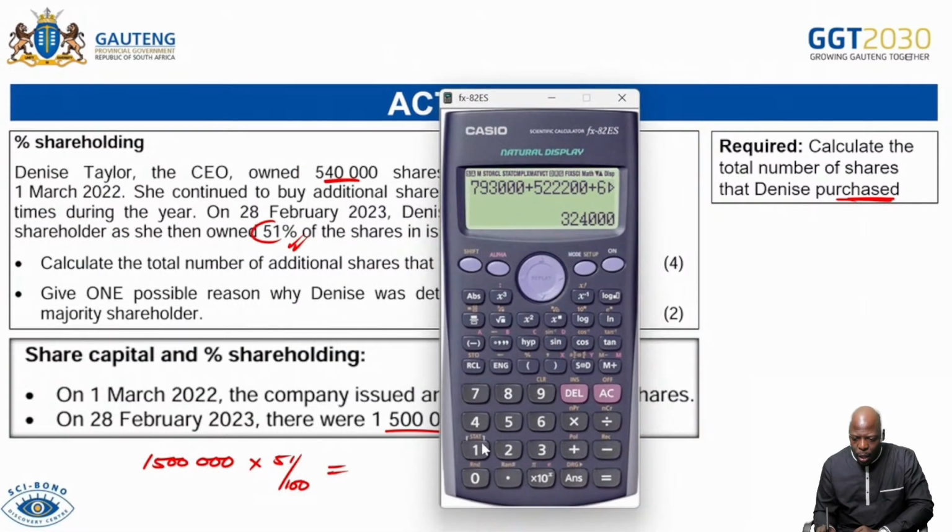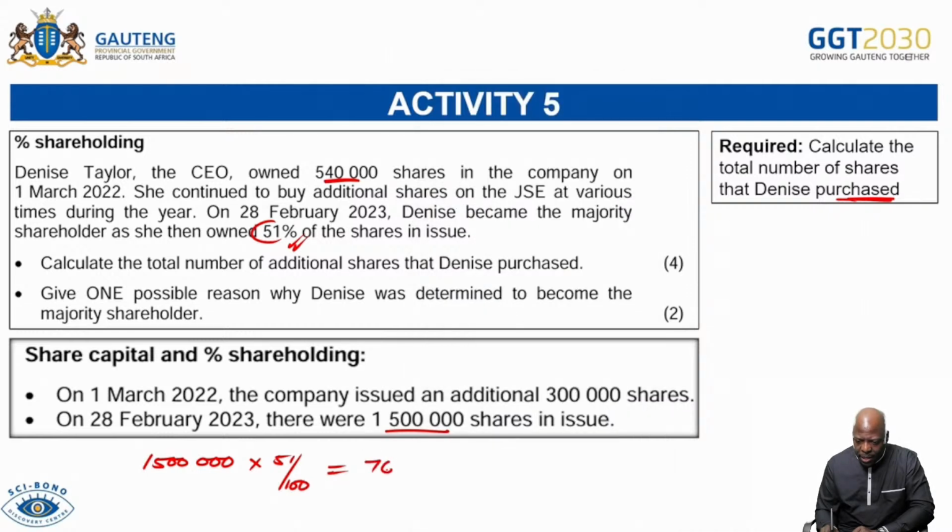So we would say, of the 1.5 million, she currently holds 51%. Okay, that simply means she now has 765,000 shares. So she has 765,000 shares in her possession, because as of 28 February, she has 51%. And as of 28 February, there is 1.5 million shares. So it therefore means that as of 28 February, she has 765,000 shares.